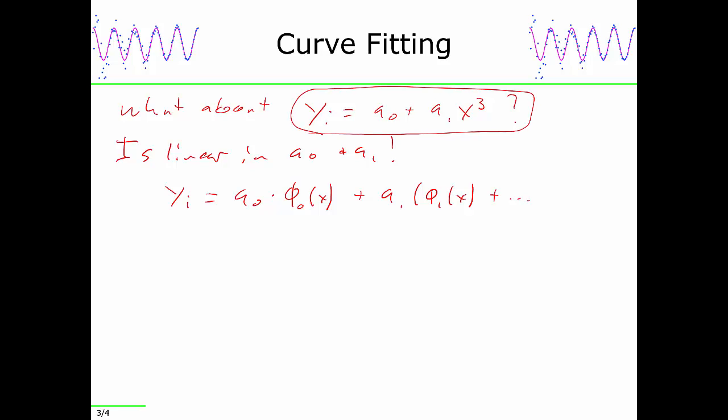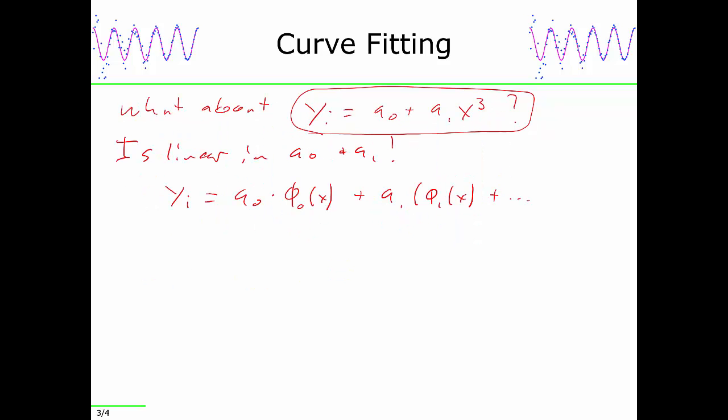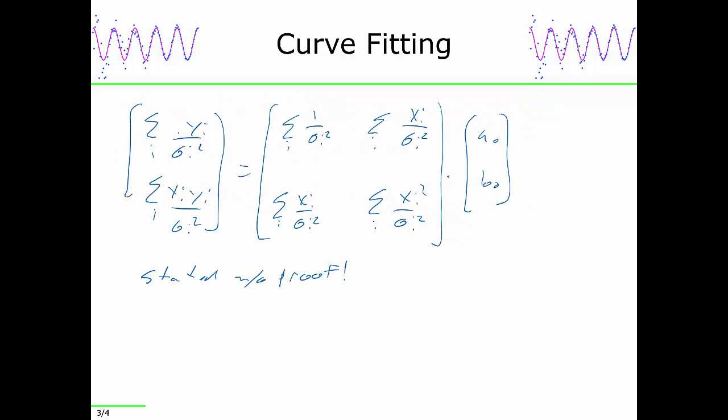What would be your guess as to how our expression here would change if I had x cubed instead of x? Yeah. Oh, everywhere you see an x, put an x cubed. So this would be cubed, this would be cubed, cubed, and to the 6th.